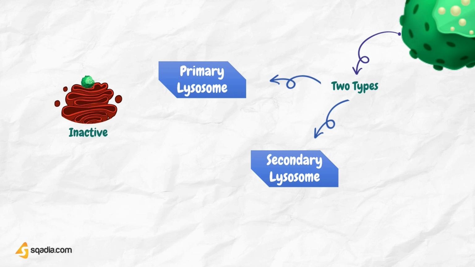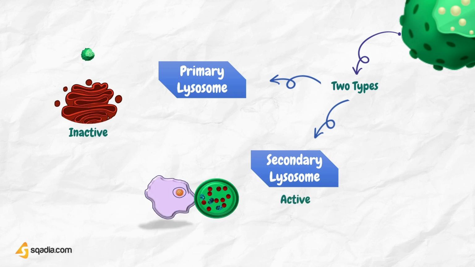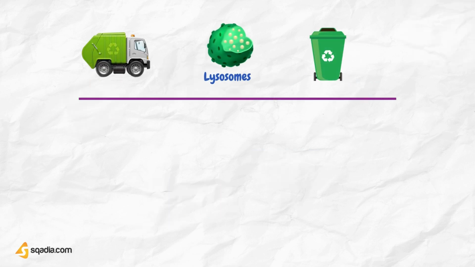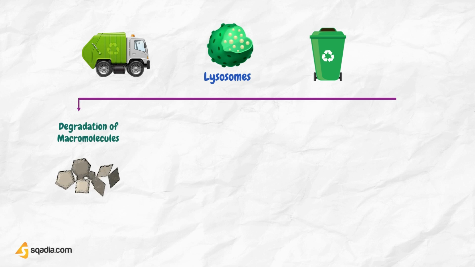It is inactive despite having hydrolytic enzymes. And secondary lysosome, which is the active lysosome. It is formed by the fusion of a primary lysosome with a phagosome or endosome. Lysosomes are often called the garbage system of the cell because of their degradation activity.